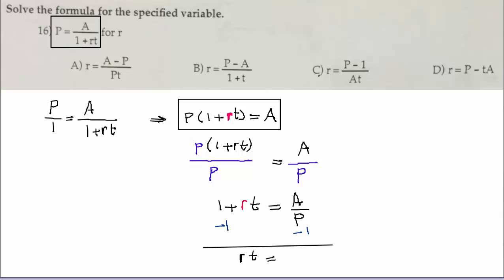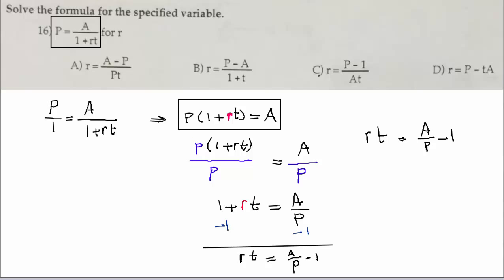Does that make sense? So how do you solve for R now? We can divide each term by T, right? Or multiply each term by 1 over T. Does that make sense?